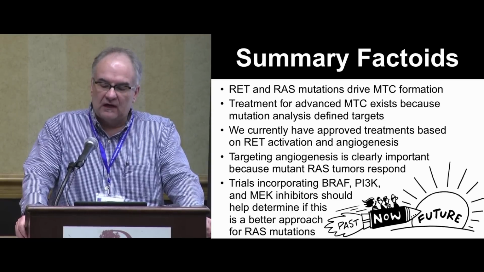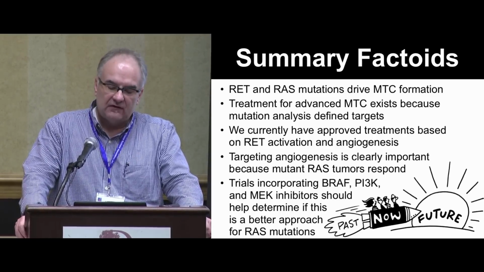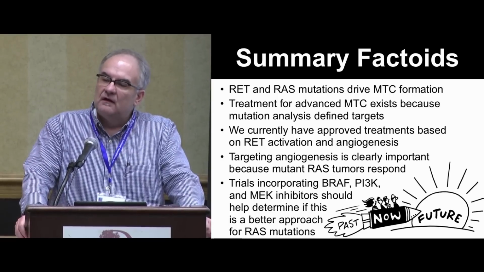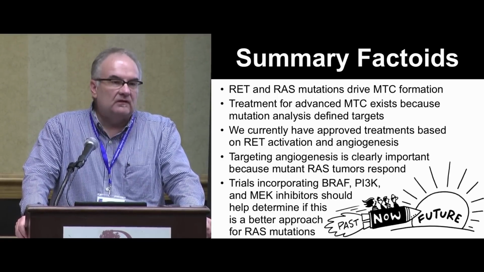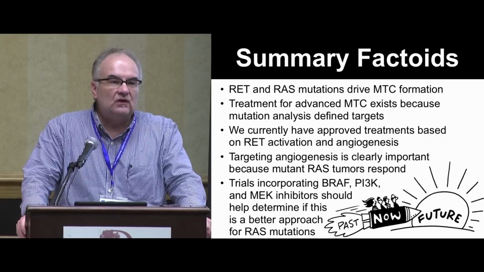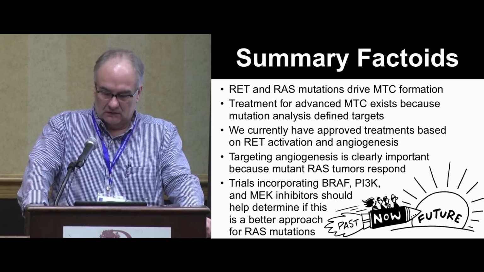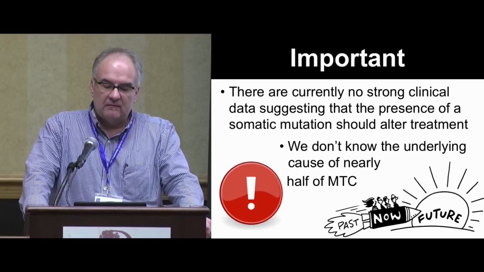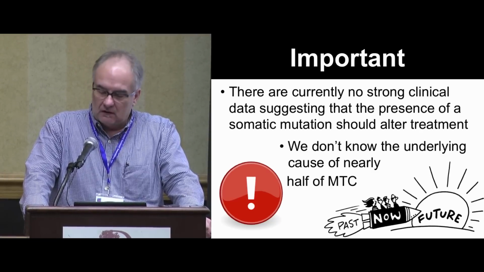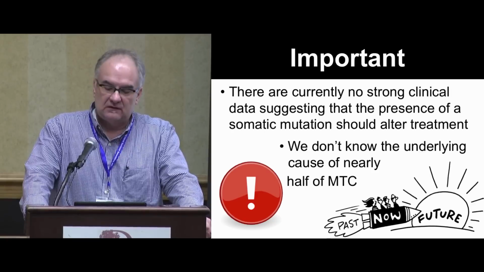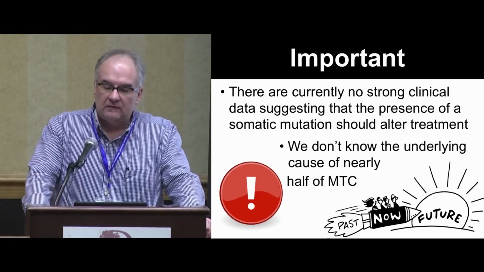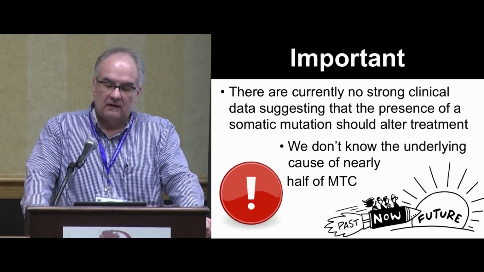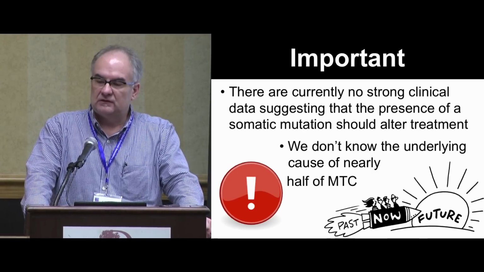We do think that trials incorporating BRAF and PI3K and MEK inhibitors may be a better way to facilitate treatment of patients that specifically have this new class of RAS drivers. But again, what's important to remember is we don't have clinical studies or data that would suggest that we really will have a beneficial outcome by targeting these mutations.